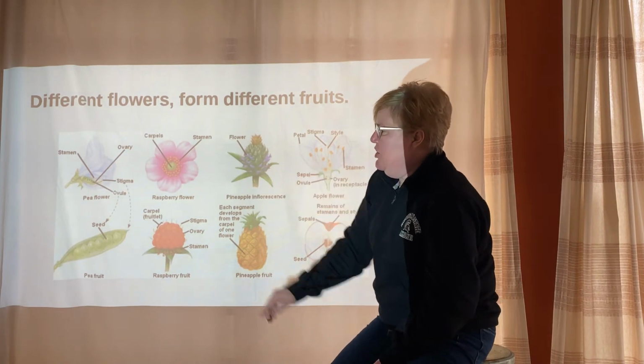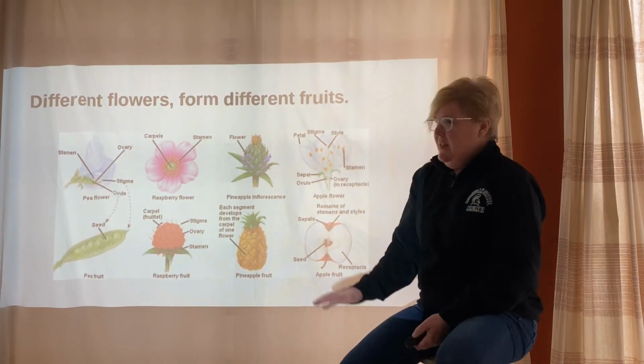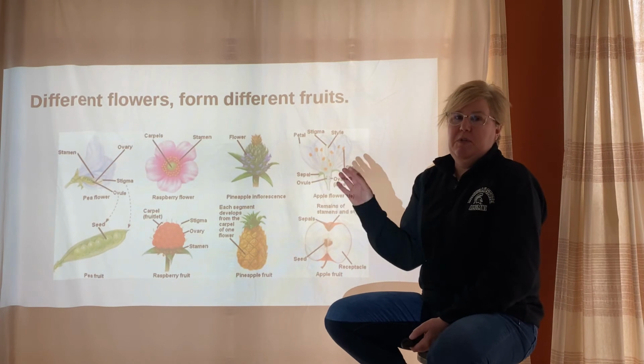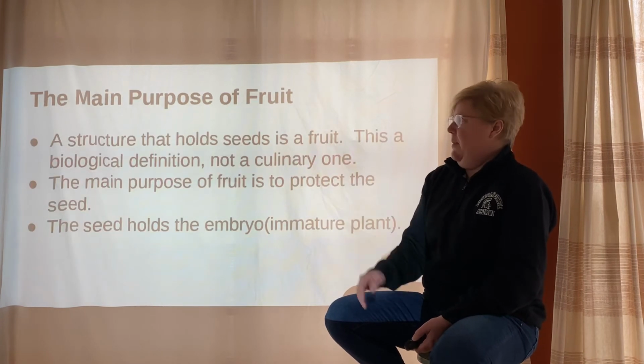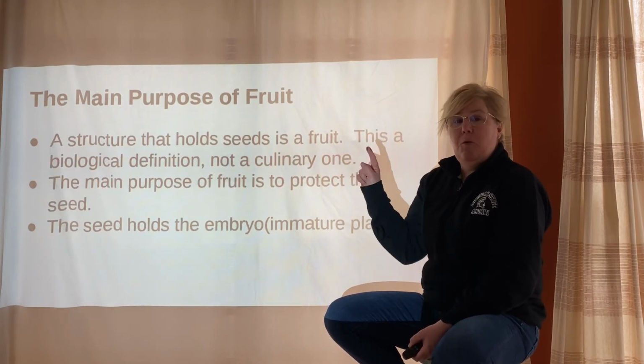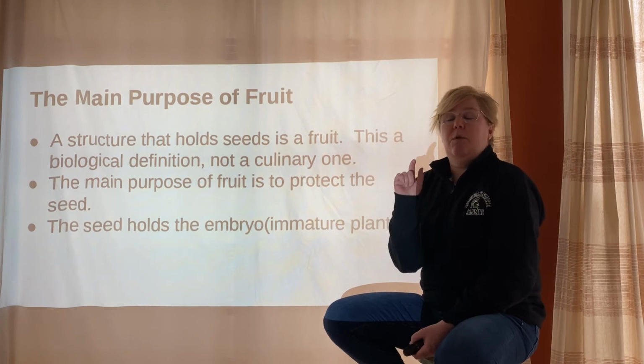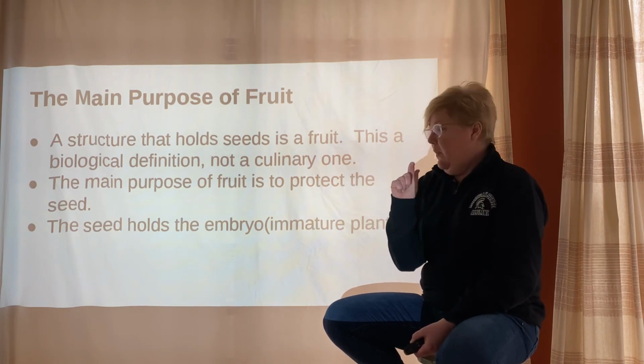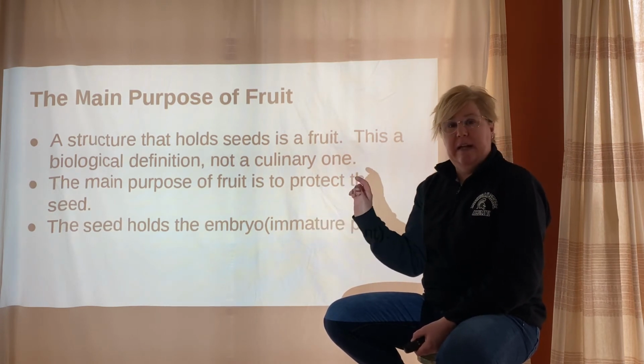And then just the pea, and this is where we get into the debate, what's the difference between a fruit and a vegetable, and we'll talk about that. But the main purpose of fruit is to hold a seed, and seeds are really important because that's where the embryo of the plant is. It's the immature plant.